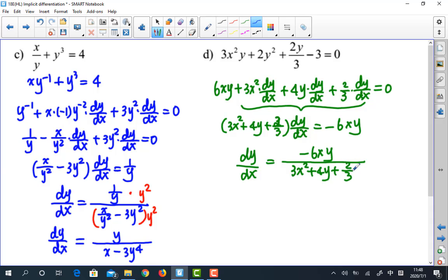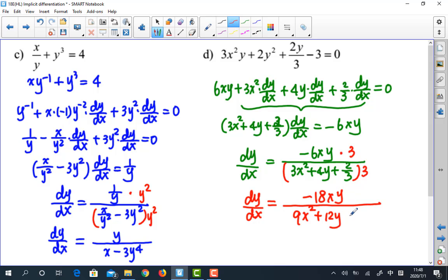If you don't like this fraction, I can get rid of the denominator by multiplying the top by 3 and the bottom by 3. So dy over dx can be equal to -18xy over 9x squared plus 12y plus 2. Okay, this is the solution for dy over dx.